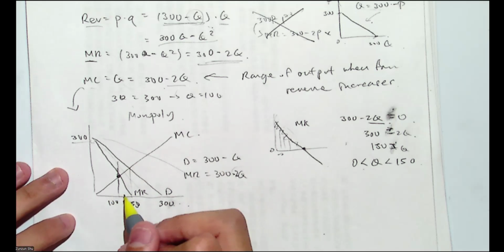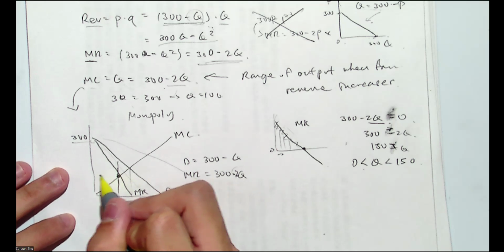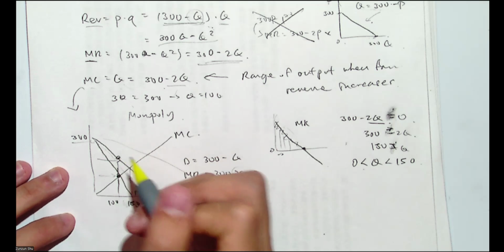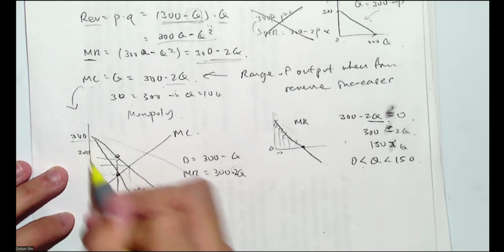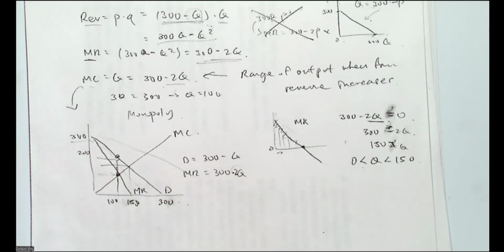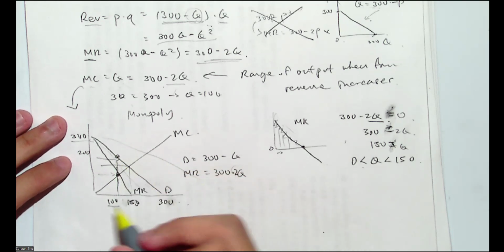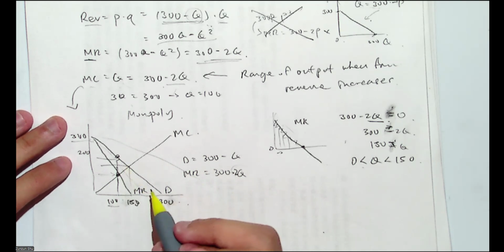The price is actually not this point. The price would instead be this point, where the price is 200. How do I know the price is 200? Well, here you get the quantity of 100, and you apply this into your demand curve.